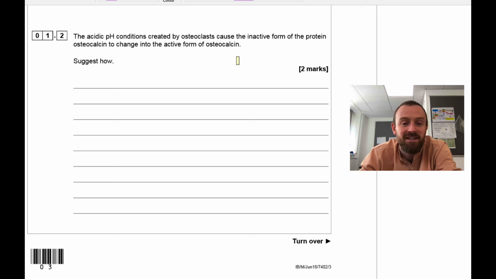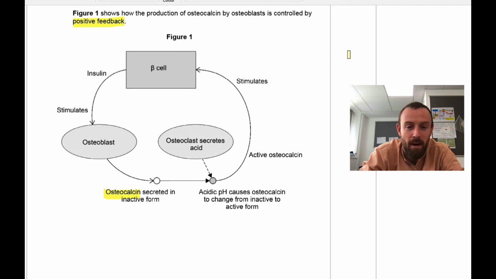Suggest how. So this is going to be some form of change to the tertiary structure. So pH conditions might affect hydrogen bonds. They might affect ionic bonds that hold the tertiary structure together, causing a conformational change in the protein's tertiary structure, changing shape so that the active form can then bind to receptors on the B cell.